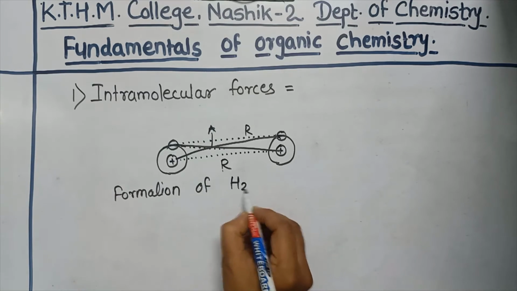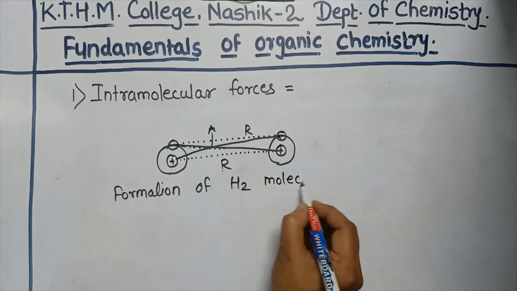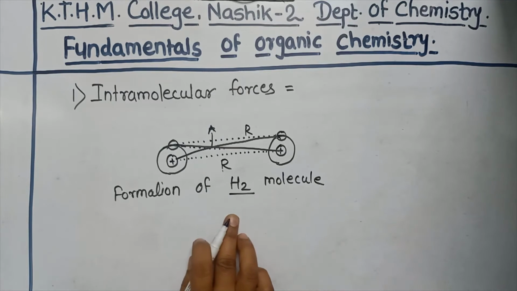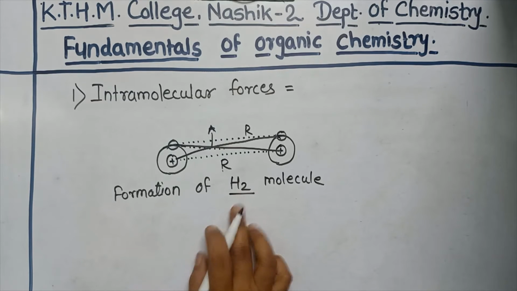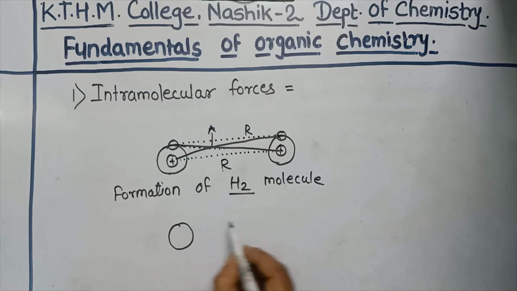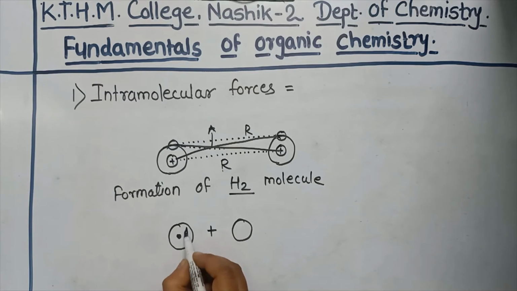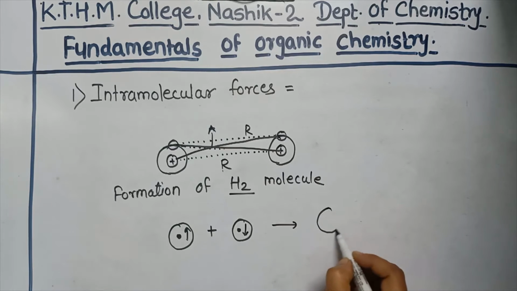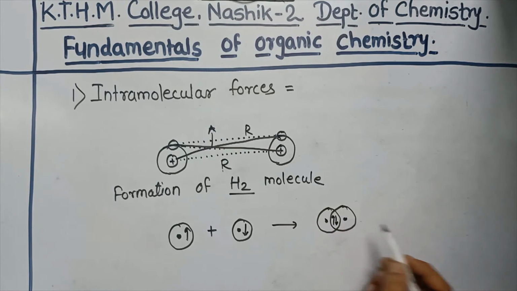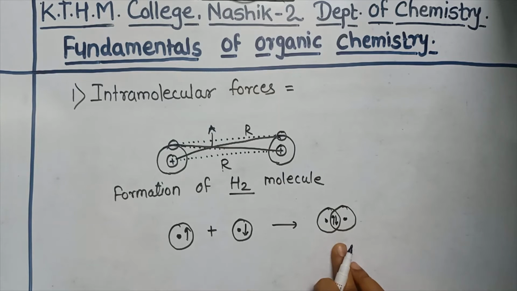For that we consider one example, the formation of the H2 molecule. H2 is a homoatomic molecule, where two same atoms are present. We consider hydrogen atoms. The electrons are present with opposite spin, anti-parallel to each other, and they form a strong covalent bond, forming an H2 molecule.